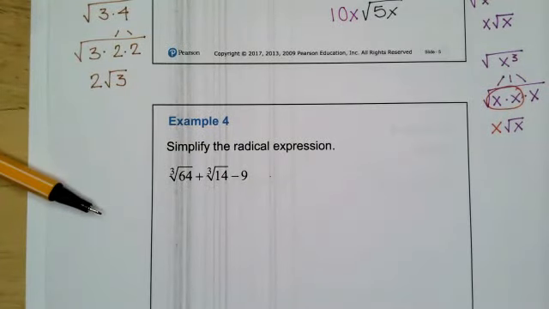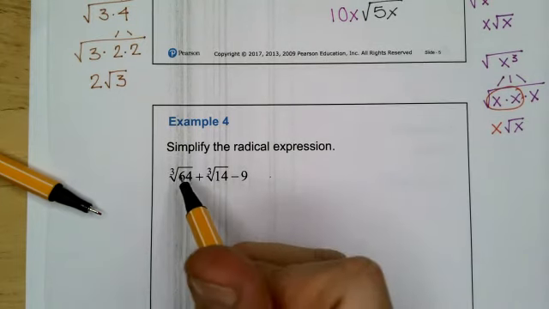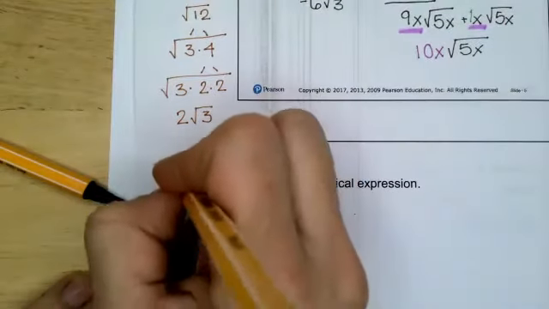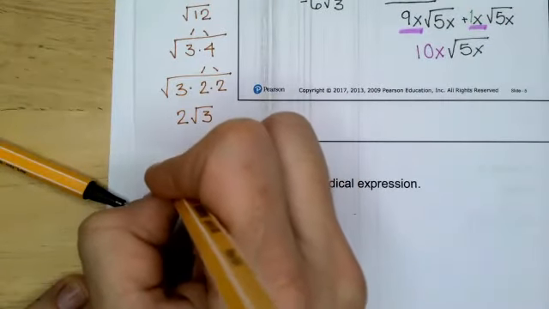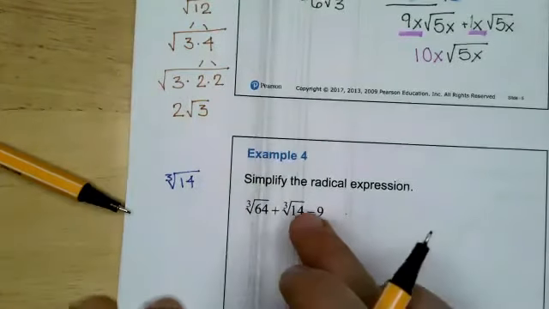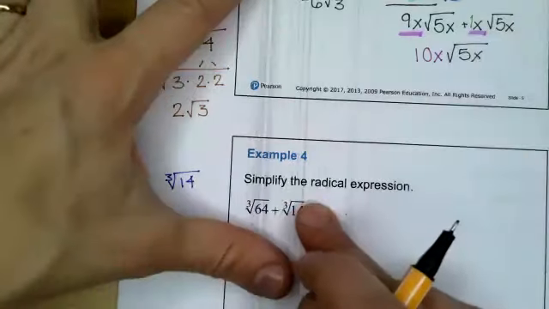All right. Let's simplify the cube root of 64 plus the cube root of 14 minus 9. Neither of those are primes, right? But the cube root of 64 and the cube root of 14, which one looks easier? 14 is small, right? So can you factor 14 and divide it by a perfect cube? Remember, the cubes are different than the perfect squares.